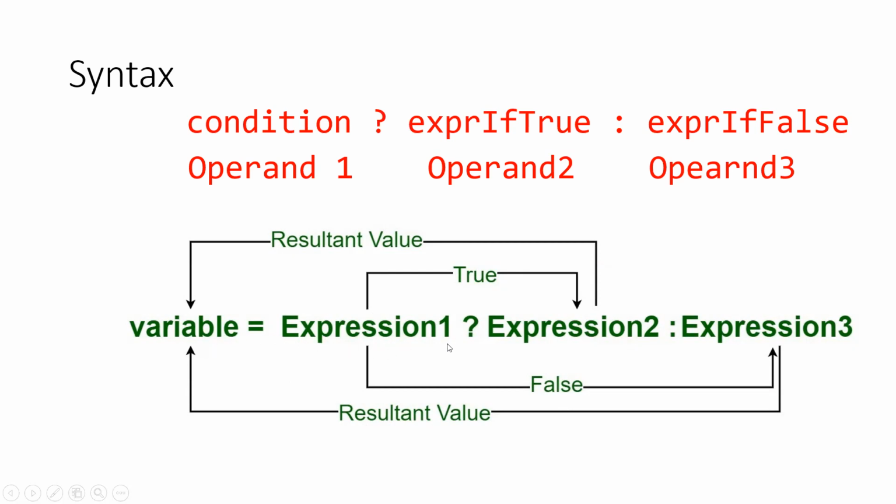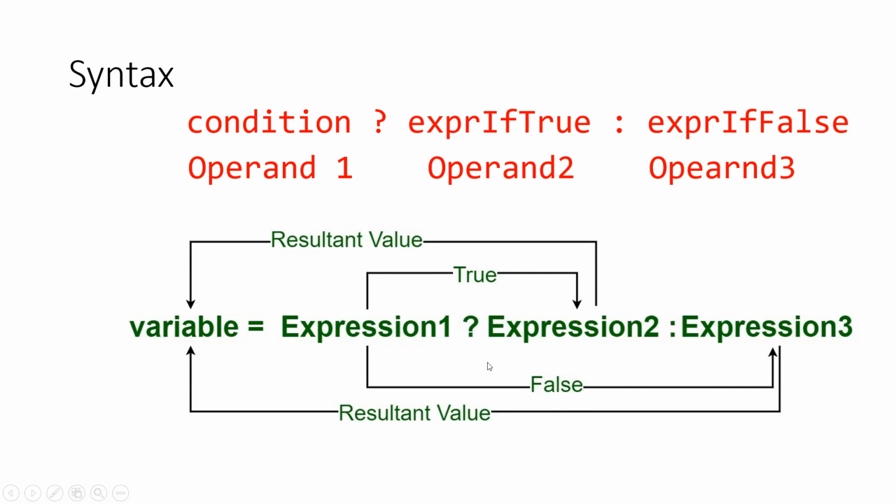If this particular expression, that is the operand 1 place where we have the condition, is false, then the portion that is present after the colon will get executed and it will return the value which will be carried by the variable where we are assigning the resultant value of the expression 3. So here expression 1 is the condition place.